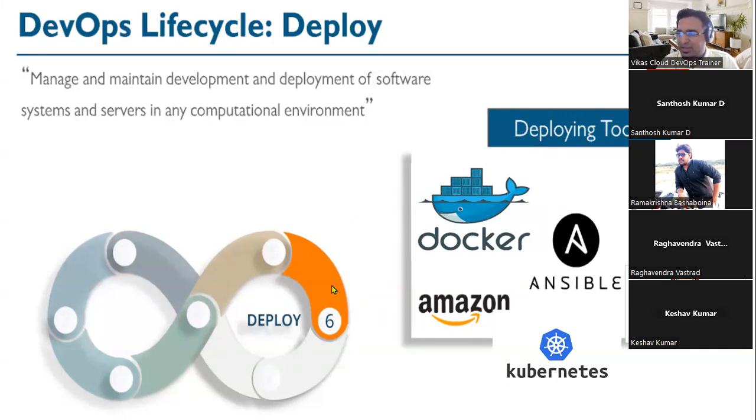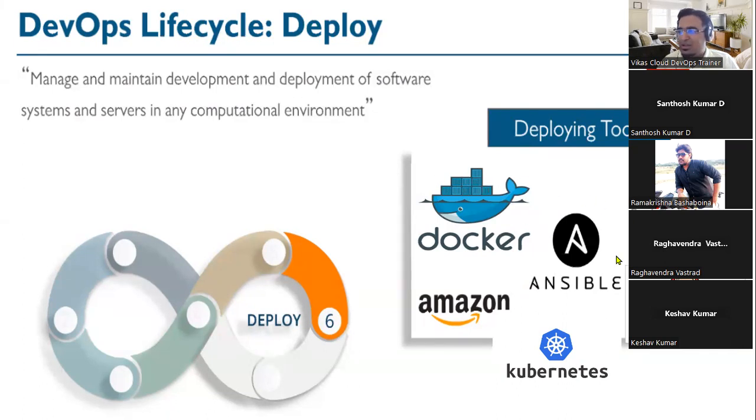Let me explain. If any application has been developed with the help of Docker, it will become a containerized application. A containerized application, if it's a single container, can be run in Docker. If it's multiple containers, it can be run with the help of Kubernetes. To run Kubernetes also, we need infrastructure, that is Amazon or Google. We can take the infrastructure from there. If we want to make this container deployment automated, you can take the help of Jenkins also.